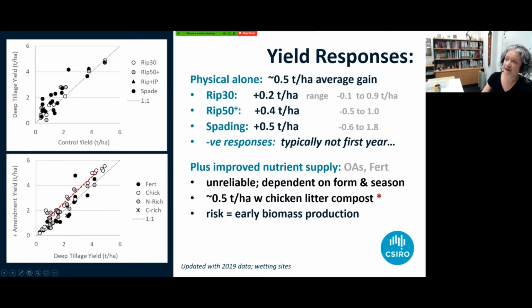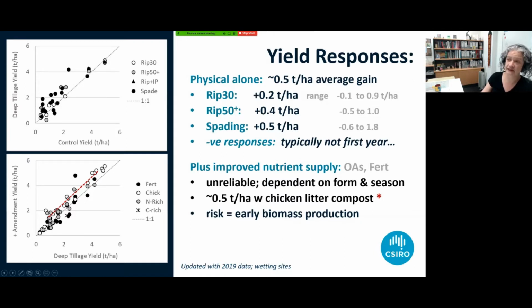And typically we have seen between about 0.5 to 1 tons on average. That does vary depending on the type of amelioration treatment that we are looking at. So typically a deeper rip will bring us better gains.